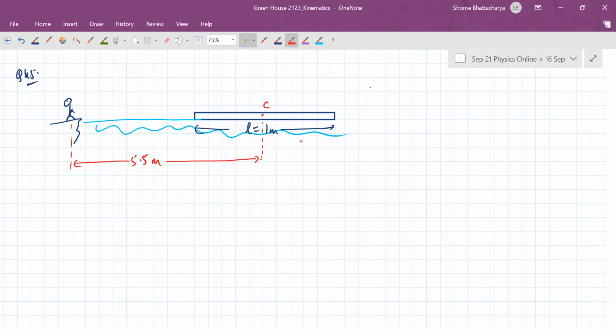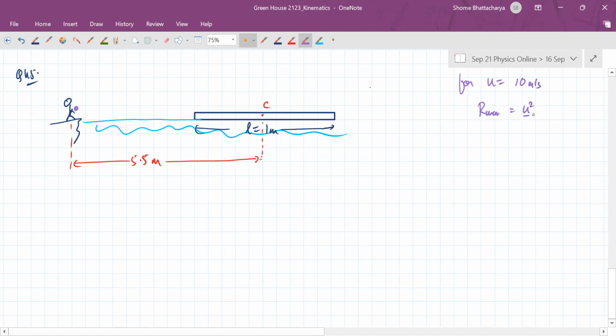So if we can throw the apple at a speed of 10 meters per second, we have to find the angle of projection's range, that is minimum and maximum. Now you can see one thing interesting over here: for u equal to 10 meters per second, what is the maximum possible range?